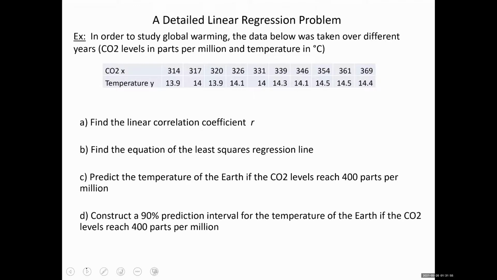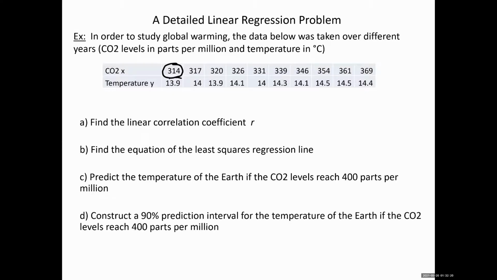So it says, in order to study global warming, the data below was taken over different years. Carbon dioxide levels are in parts per million and temperatures in degrees Celsius. So what that means is in one year, they measured the carbon dioxide level in the air, and it was 314 parts per million.